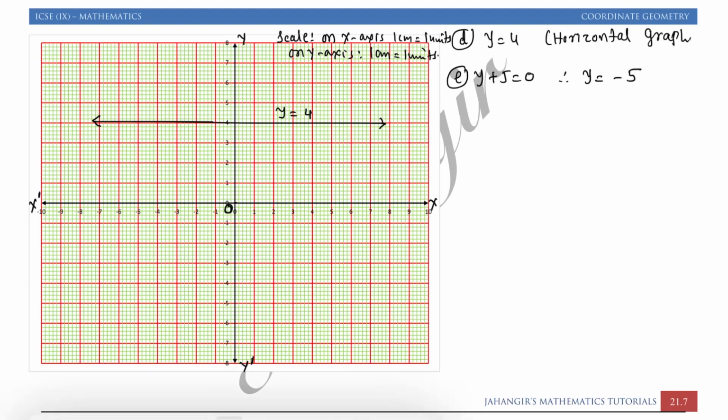So we will draw a line which is parallel to the x-axis, that is a horizontal line, from minus 5. See, this is minus 5. If the minus is not written correctly, just check it, because you cannot see the minus properly, but it is there. If you zoom in, you may find the minus on the red line.